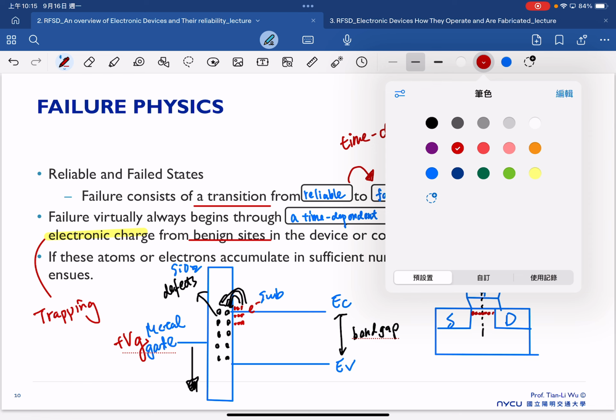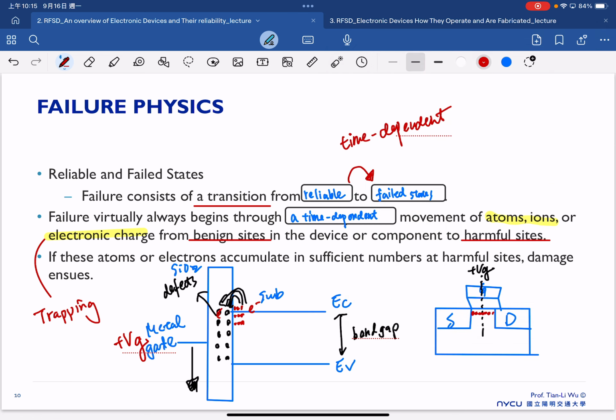Therefore, we can start to see these defect places start to be filled with electrons here. So that creates the problem. That's what we call trapping.